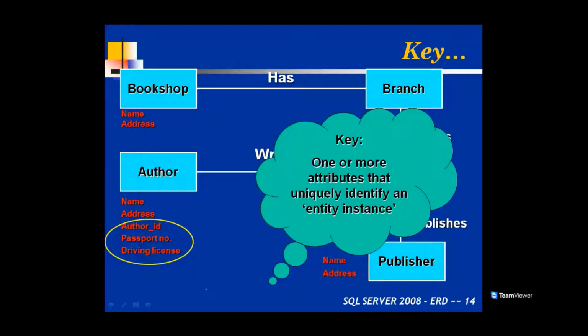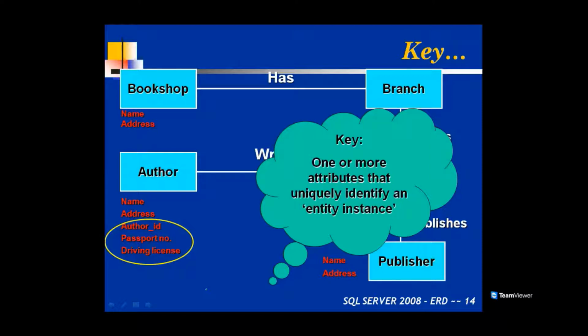I may use a cell phone number, Aadhaar card number, student ID, or passport number to identify a single student from a group. All these are called candidates to become a key. Usually, they always have unique values. Hence, they are called candidate keys.